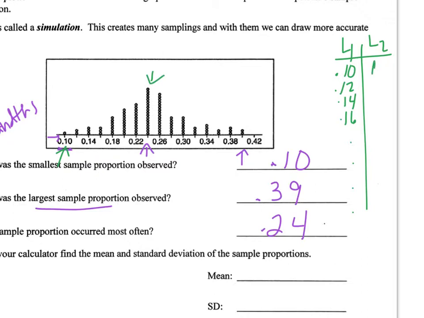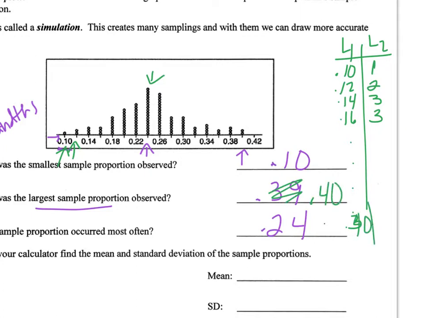So there's 1 at 0.10, there's 2 of them at 0.12, there's 3 at 0.14, 0.16 is 3, and etc. All the way down to 0.3, not 39. This should have been 40. I'm sorry, 0.40.